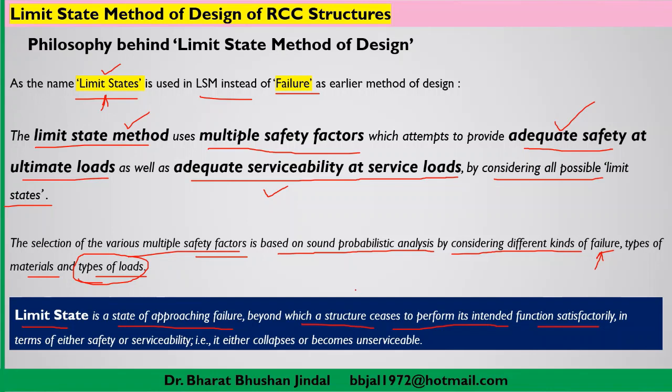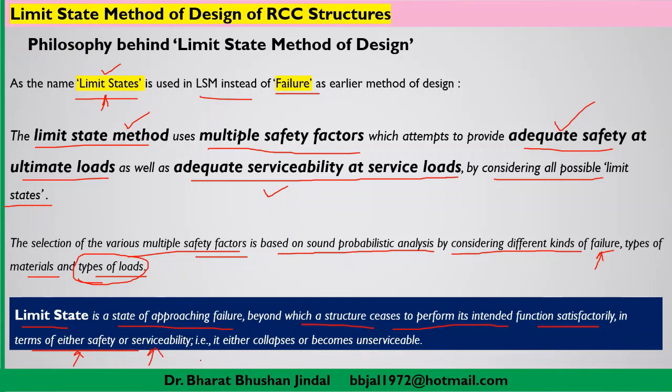such that when any structure reaches beyond that particular limit state, we will say now the structure is not performing its function satisfactorily. In terms of safety, you can say now the structure is not safe. Maybe the structure has not fallen or has not collapsed, but we will be saying that beyond this limit, this structure is neither safe nor serviceable.